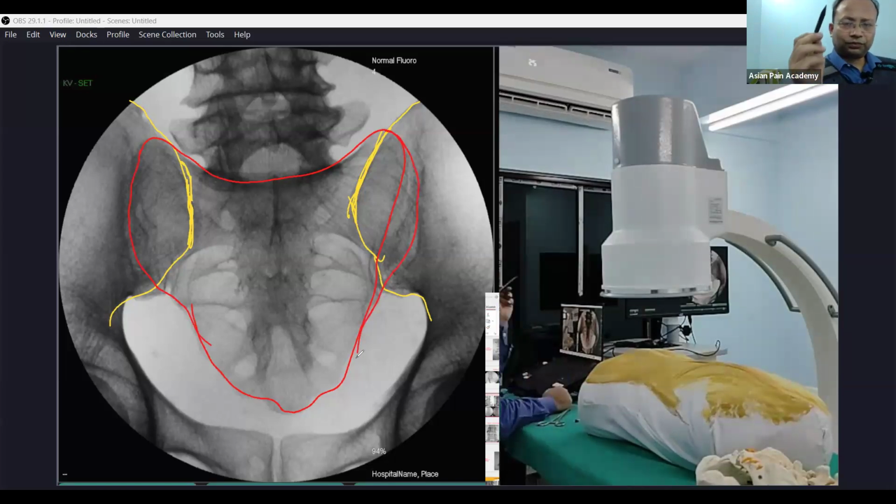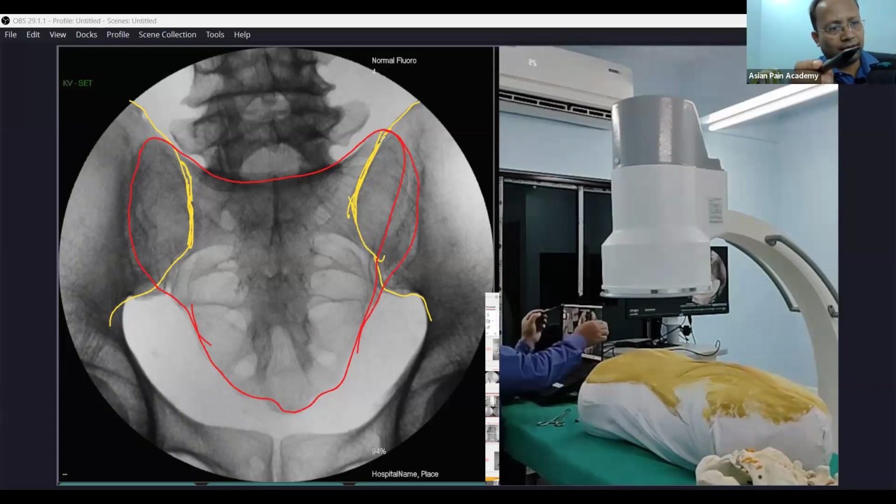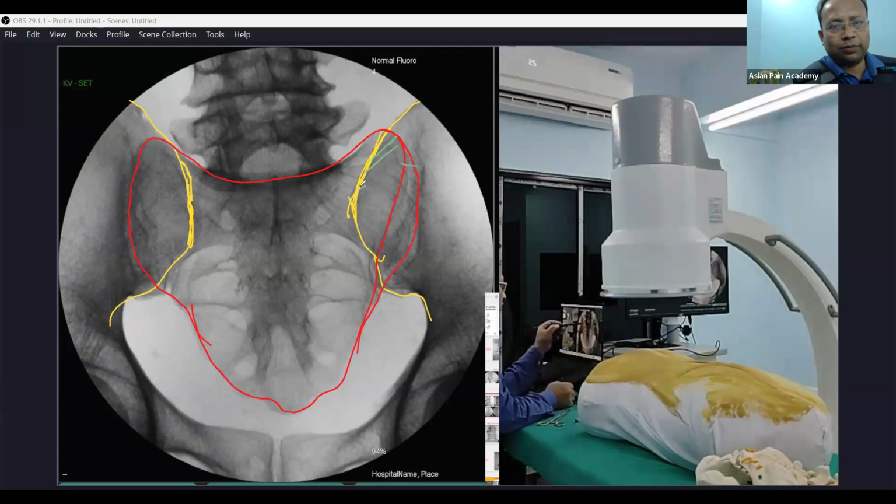Now you can see that this part is overlapped.